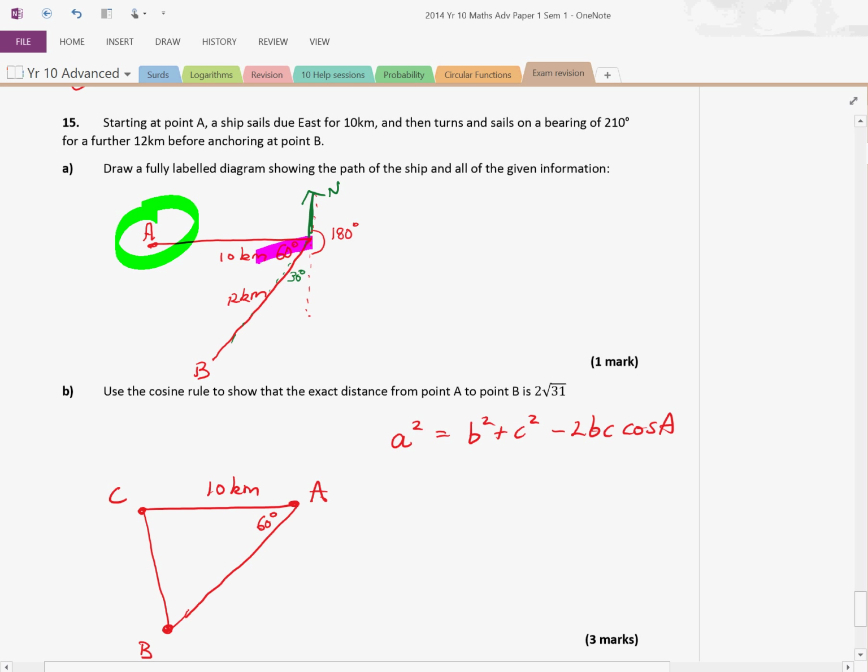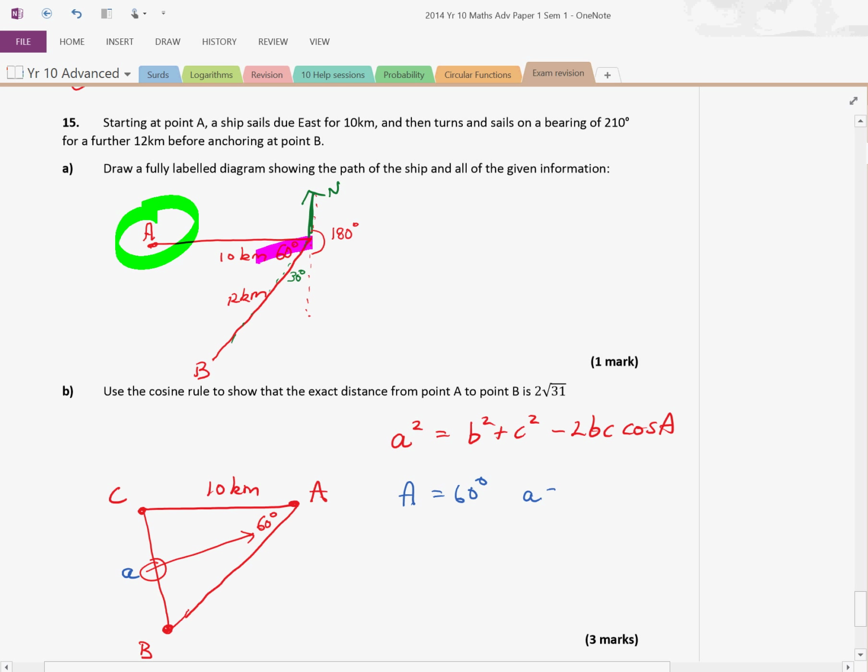Now if I know the angle between two lengths, I have to use the cosine rule, because if I don't know what this length is, opposite the angle, that's the big hint as to not using the sine rule. I'm now going to write down what I've got. Big A, the angle, is equal to 60 degrees. Little a, I wouldn't have a clue, but I've got to find that out.